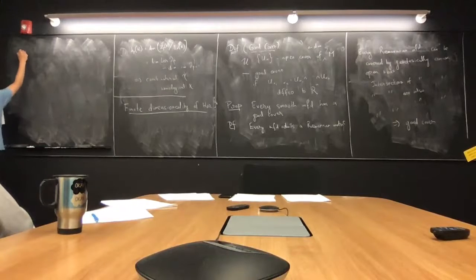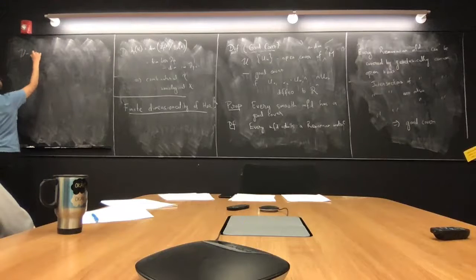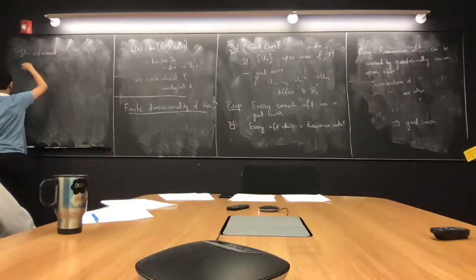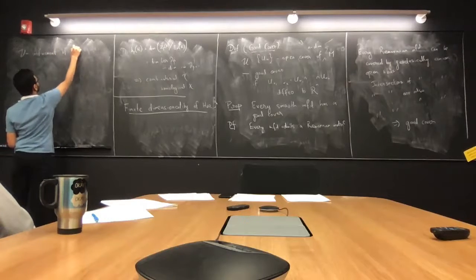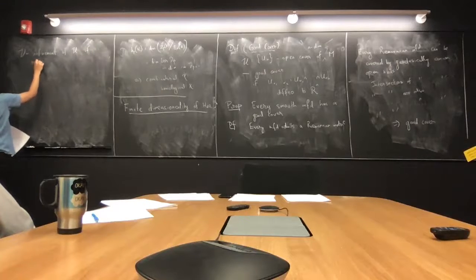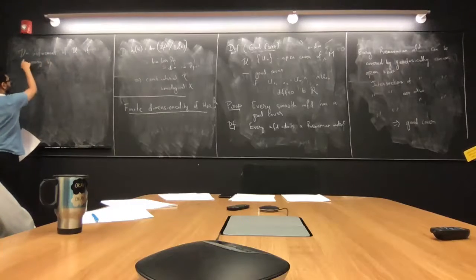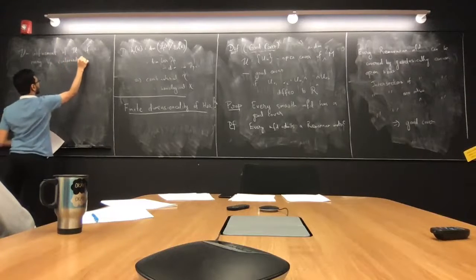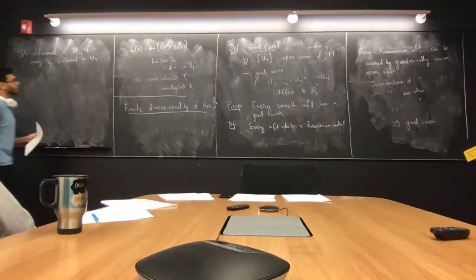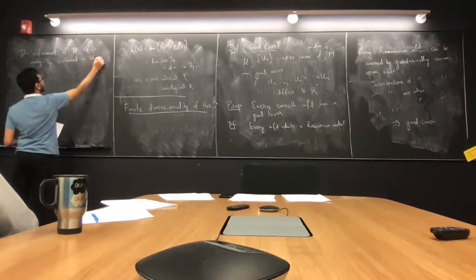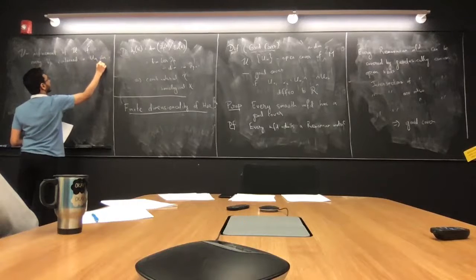Recall that an open cover V is a refinement of an open cover U if every element of V is contained in an element of U, for some alpha.